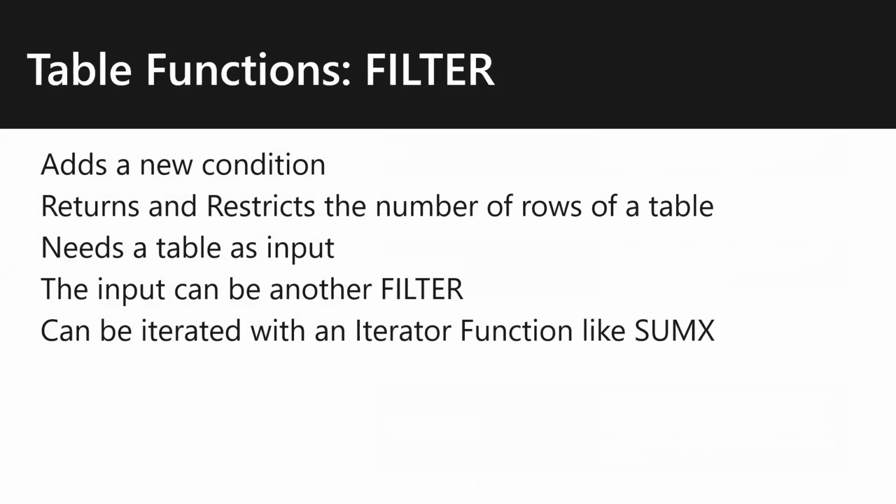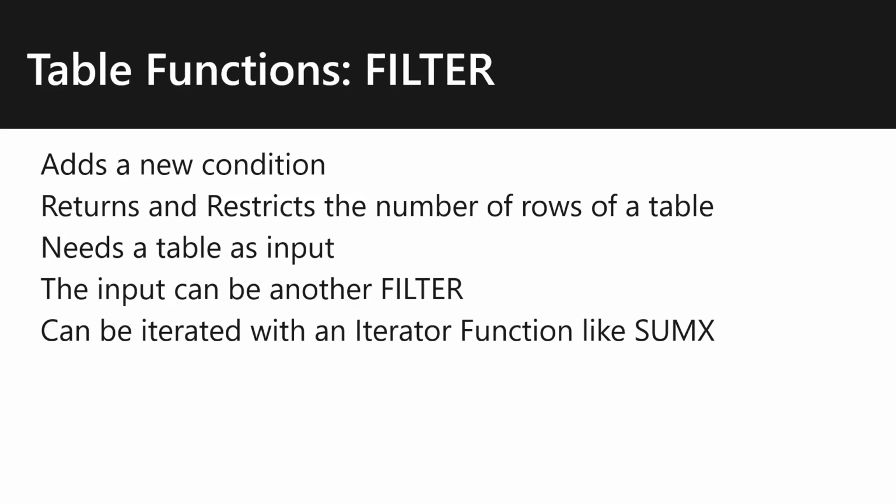So if I want the product color to be red, I put a filter, the name of the table, and the condition that product color equals red. If I want discounted items, the filter, the table, then sales discounts greater than 0. That is going to be the condition. So that is how filter works.